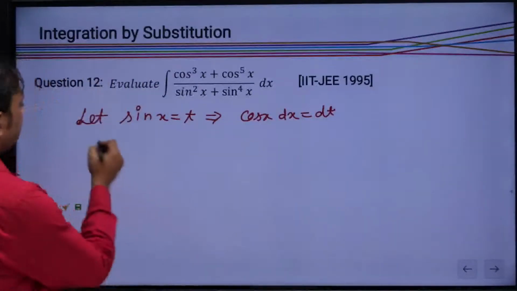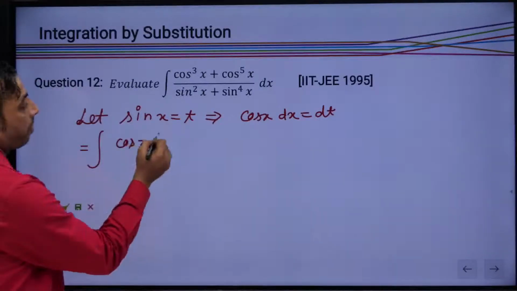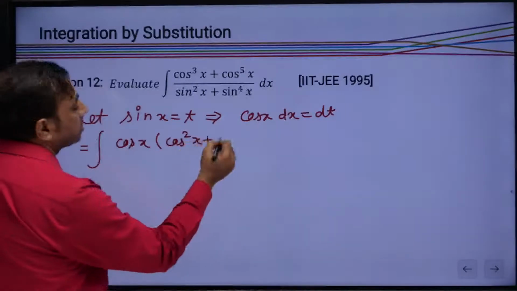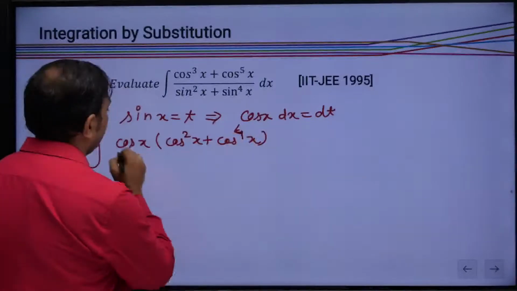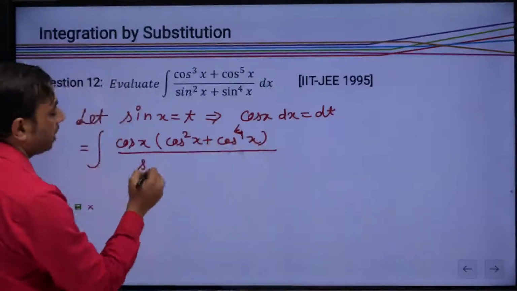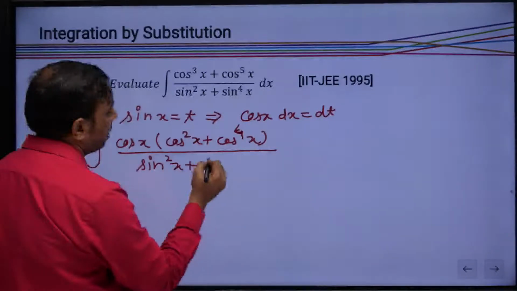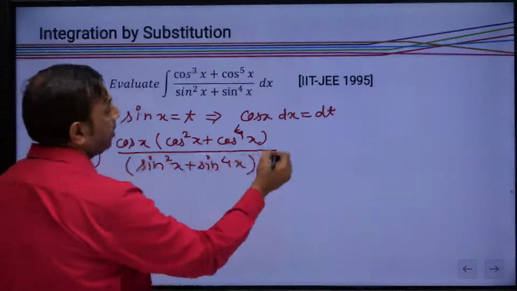Okay, so what I am going to do with the integrand, we will take one cos out, and inside the bracket we receive (cos square x plus cos to the power 4x) divided by (sin square x plus sin 4x) and dx.